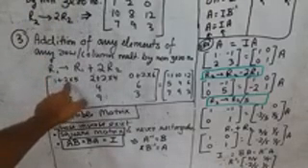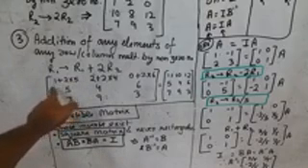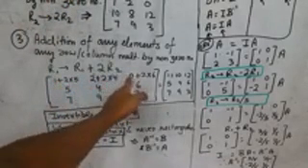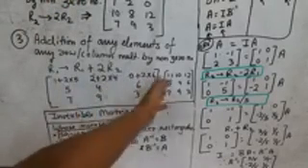This number plus twice of the number in the second row. 1 plus twice of 5, 2 plus twice of 4, 0 plus twice of 6. Now this is changed. So if we apply any of these three operations, the matrix remains equivalent. These are the basic elementary operations.